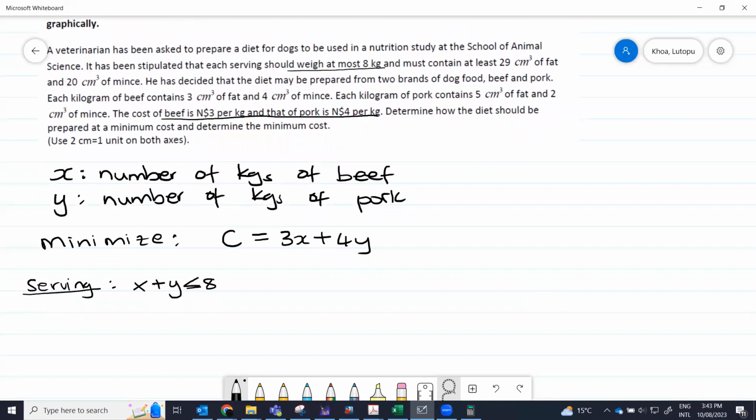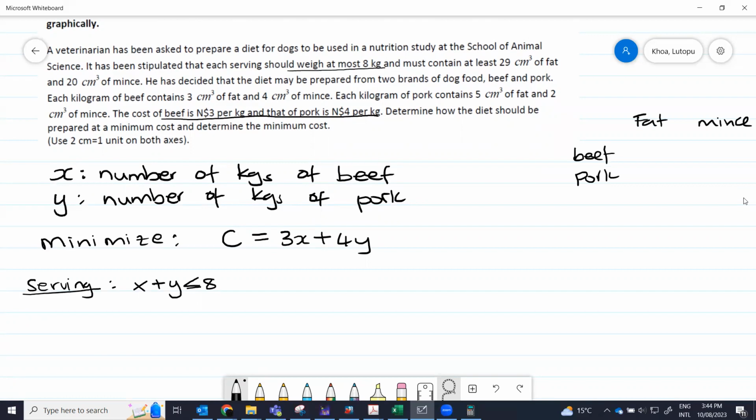Then this one about the 29 centimeters cubed of fat and 20 centimeters cubed of mince. What you can do if you're not sure is you can write it like this. So you can have the beef and the pork, and then write the fat and the mince.